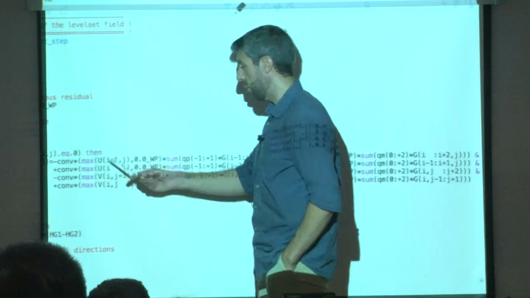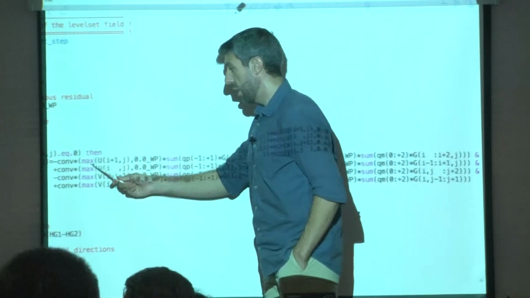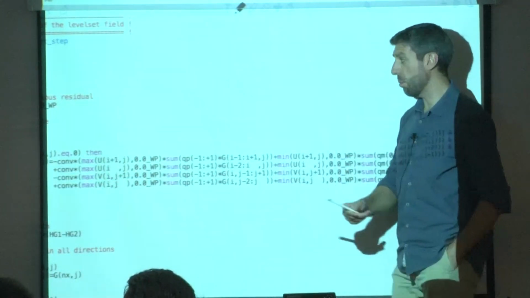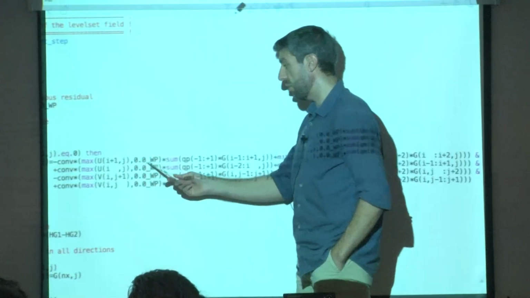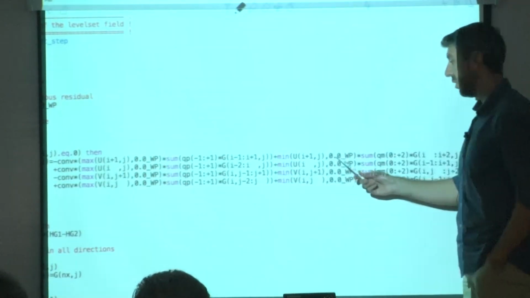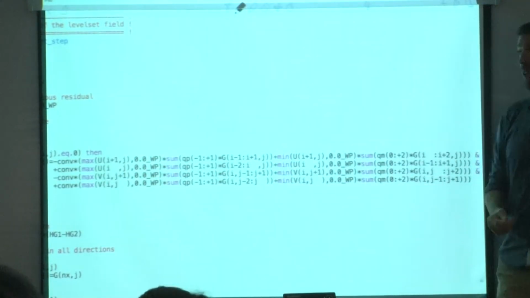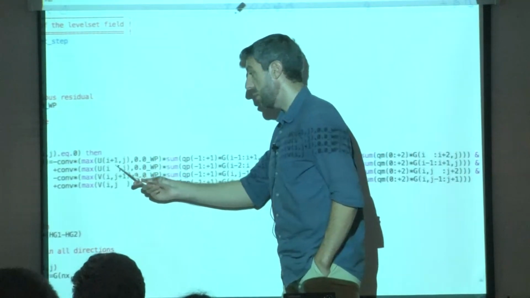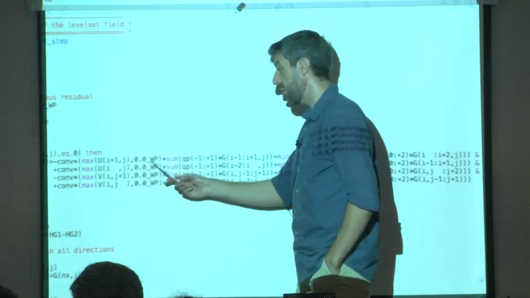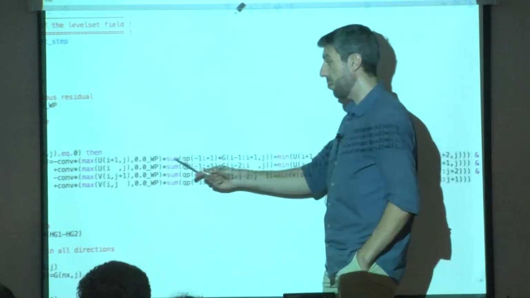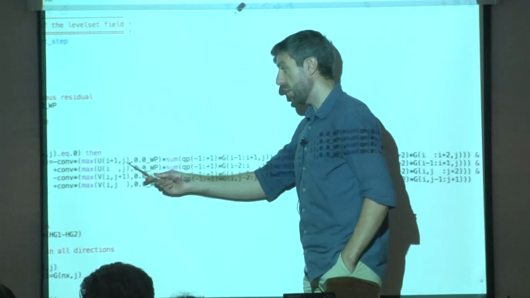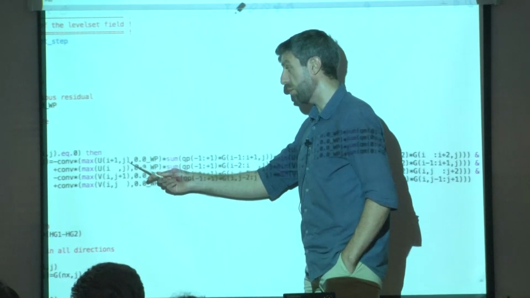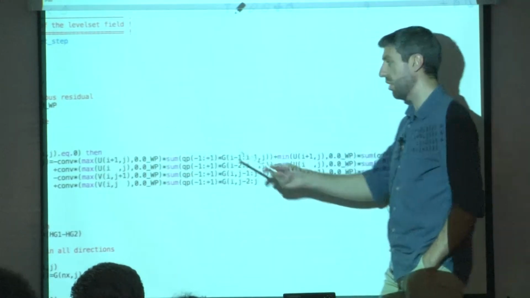And then what I do is what I think I mentioned already before. Instead of putting an if statement, I take the max of my local phase velocity and 0, and the min of that local phase velocity and 0. Okay, and then the upwinded part, I multiply by the max of the velocity and 0, because that will be equal to the velocity if the velocity is more than 0. It will be 0 if the velocity is less than 0.